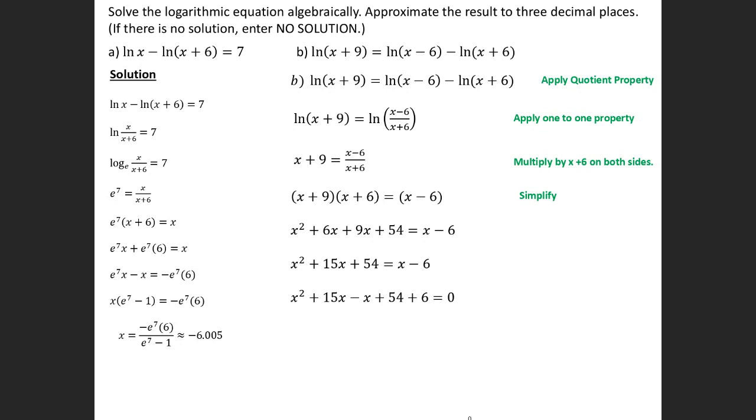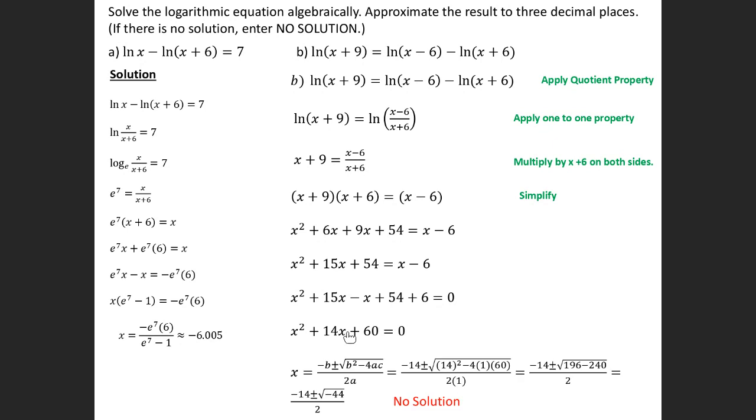When I combine my like terms, I end up with x squared plus 14x plus 60 is equal to 0. Again, you want to take a couple of minutes to see, can I factor this? And if you can't, the powerful tool you have at your disposal is the quadratic equation to solve for these x values, right? On this one, just for practice purposes, we decided to use the quadratic equation.